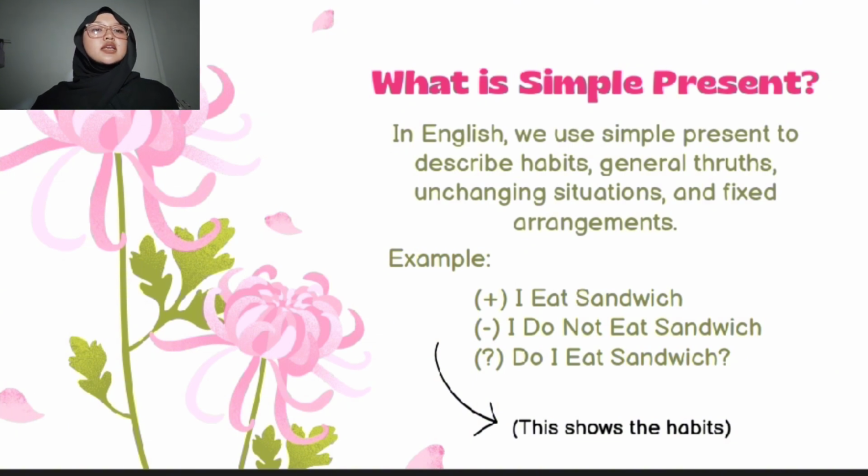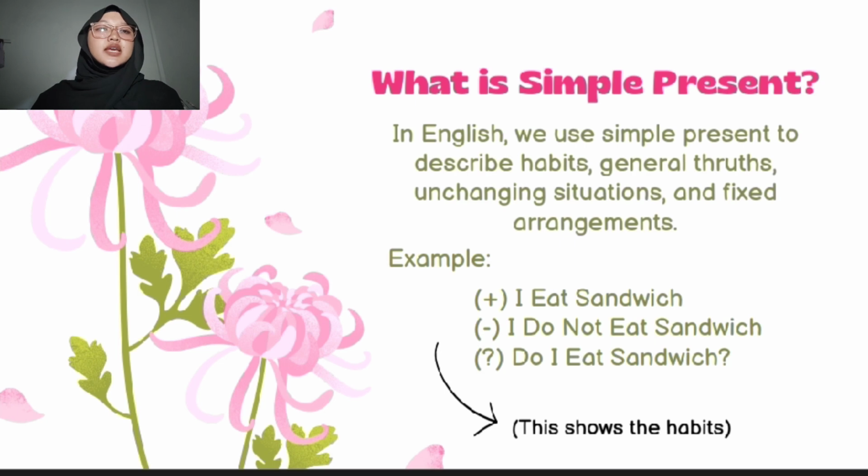Someone is eating a sandwich. They try to inform us that someone might eat the sandwich, not eat the sandwich, or questioning if they eat the sandwich or not. Get it?